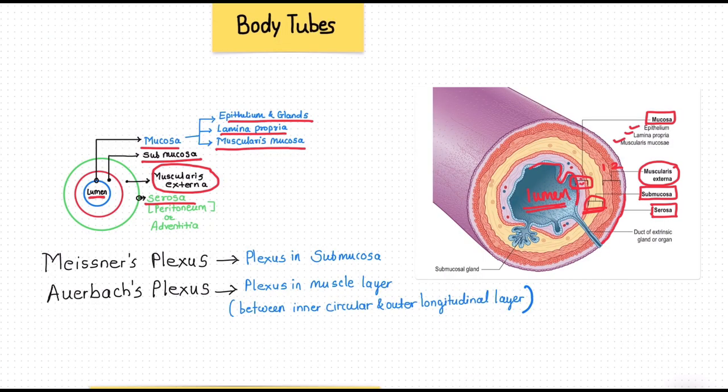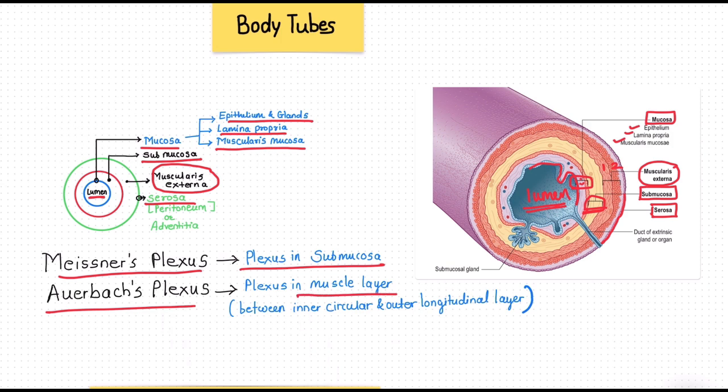In between these layers, there are some nerve tissues, which is Meissner's plexus. Okay, these are plexus in submucosa. These plexus are nothing but part of nervous system, autonomic nervous system. So Meissner's plexus and Auerbach's plexus, these are two types of plexus which are located in submucosa and muscle layer.